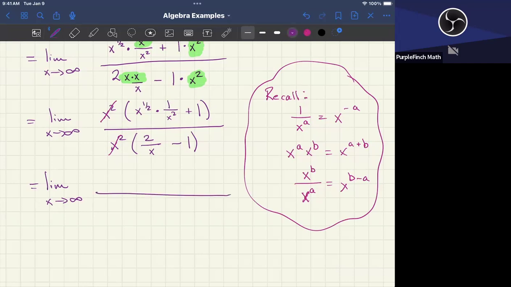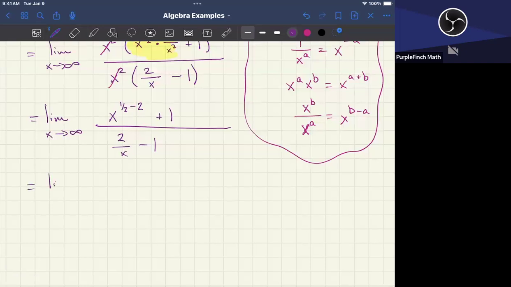I'm going to use those exact tools right here in our first term on the numerator. We're going to pop that together so we have x to the 1/2 minus 2, all over 2 over x minus 1.